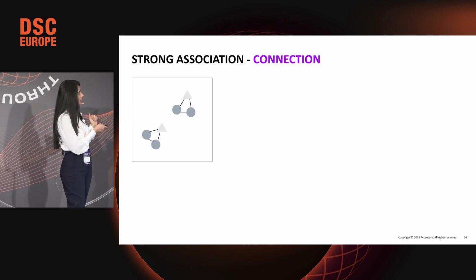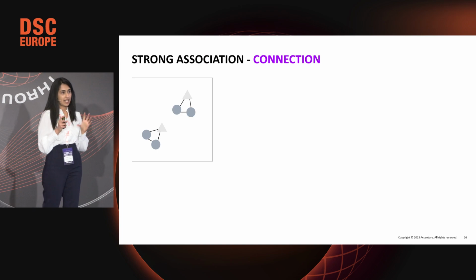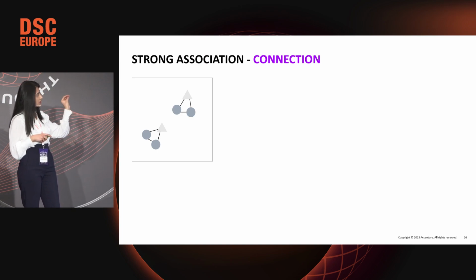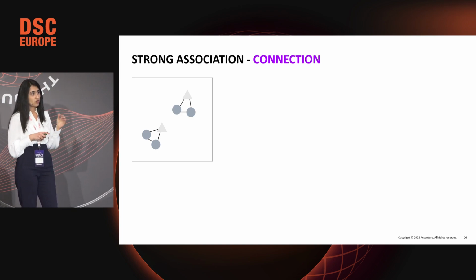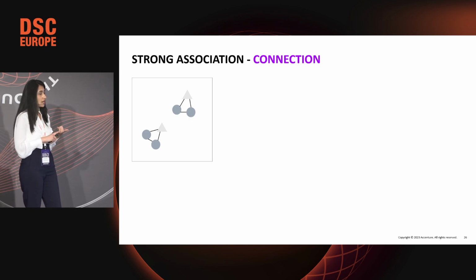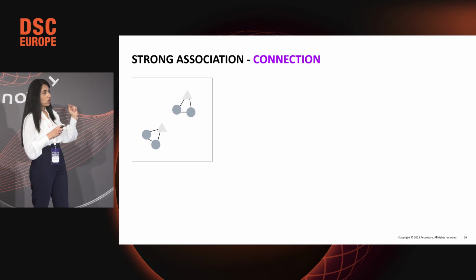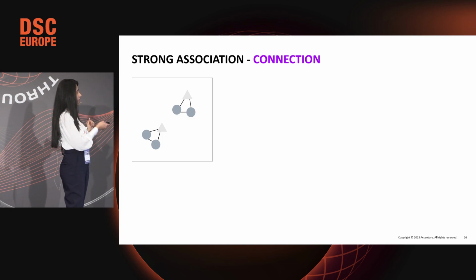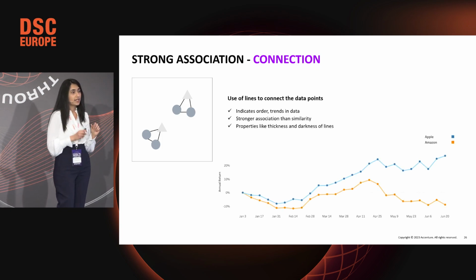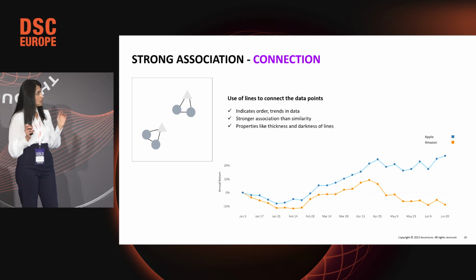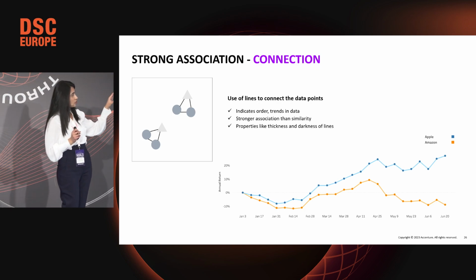And now coming to the last principle, which is called connection. In the image, you can see there is a circle and there is a triangle. We already have the similarity principle where we are employing shapes. But what if we want to show something more, a stronger connection? We can show this association with the principle of connection. In chart types, you can use lines to connect the data points. Imagine in this chart, these are Amazon and Apple, showing the annual return.